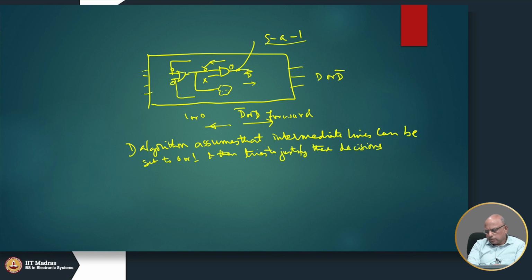So, in the process it may end up doing some iterations. It may realize at some stage that was not possible at all. I could not have set that to 0 or 1 and it will go back and repeat.